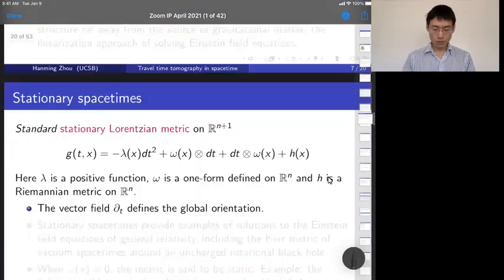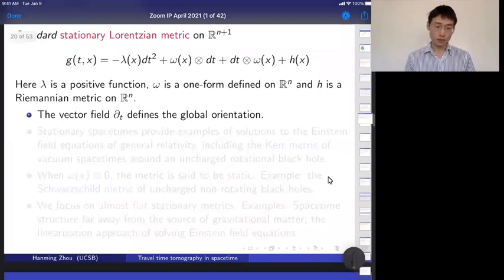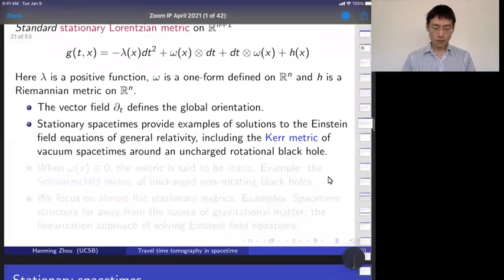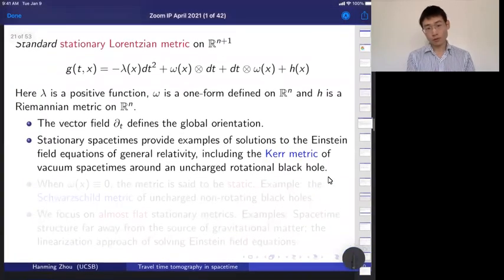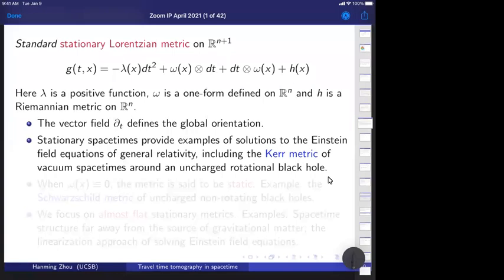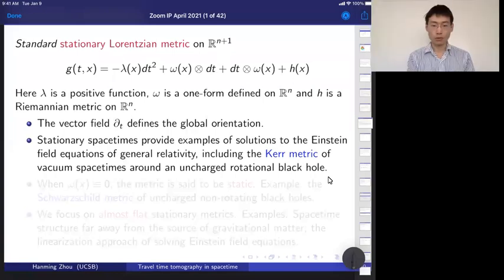With this stationary metric, it's easy to check that partial t, the time vector, will define the global orientation for this Lorentzian space-time. And the stationary space-time actually provides some examples of solutions to the Einstein field equation. One example is the Kerr metric, which models the vacuum space-time around some black hole.